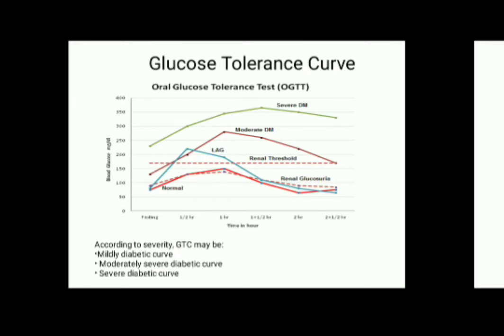In between 150 to 200, you can see a dotted line above which renal threshold is mentioned. According to severity, glucose tolerance curve may be mildly diabetic curve, moderately severe diabetic curve, severe diabetic curve.